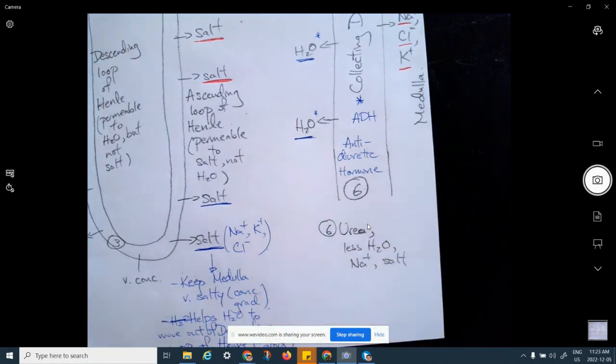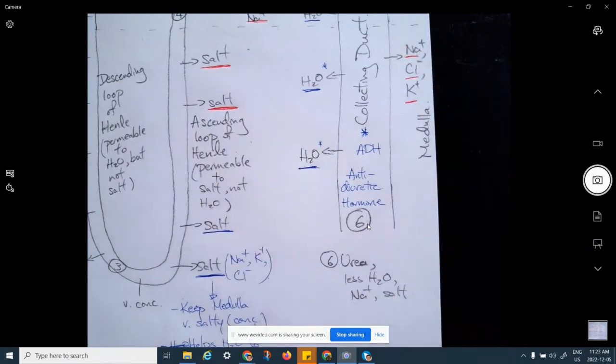So whatever comes out should be mostly urea, sodium salts, various salts, and some water, depending on how much water you have in your system. If you have a lot of water in your system, you'll have more water coming out. If you don't have enough water in your system, then you have less pee coming out, less water coming out.